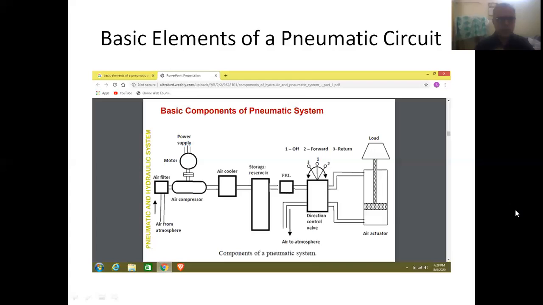So a filter is placed before the compressor for removing impurities, and this cooler is placed after the compressor for reducing the temperature of high pressure air that is coming out of the compressor. And friends, we can see the arrangement of a reservoir. As the name itself implies, it is called a storage reservoir.